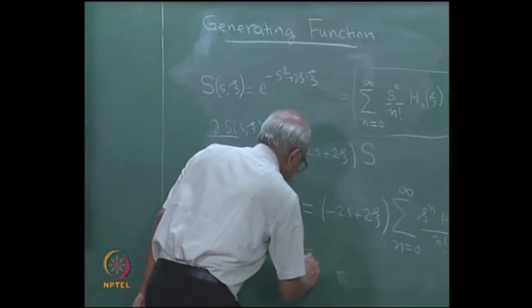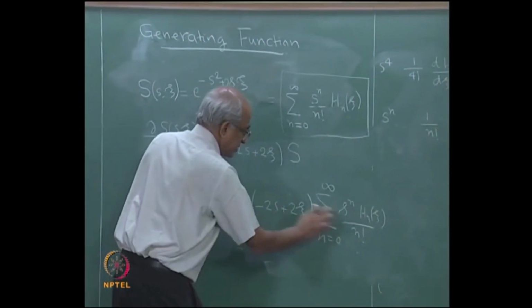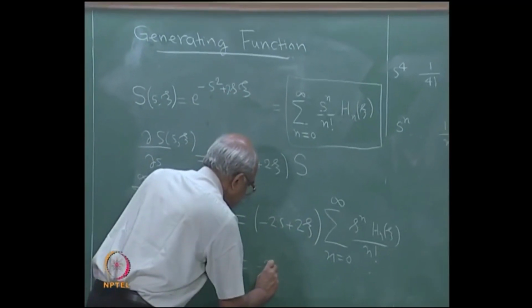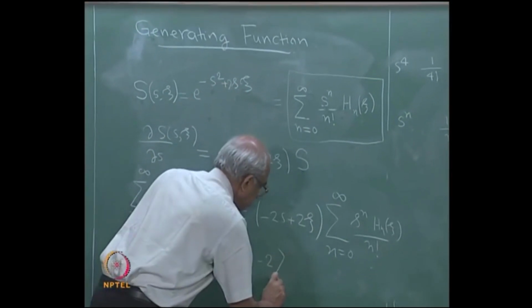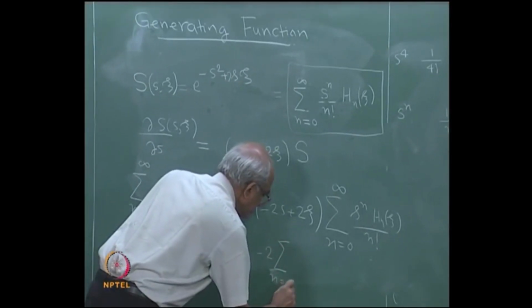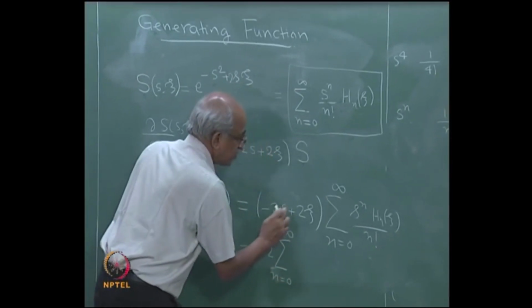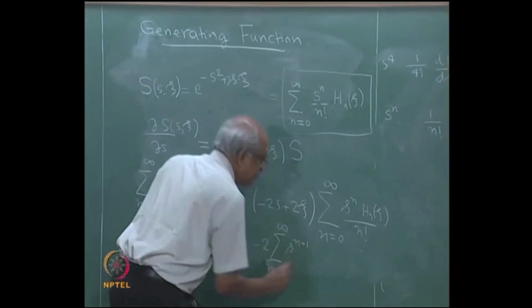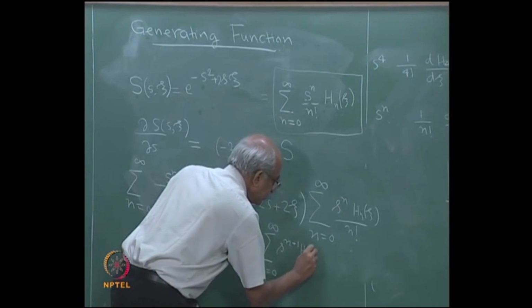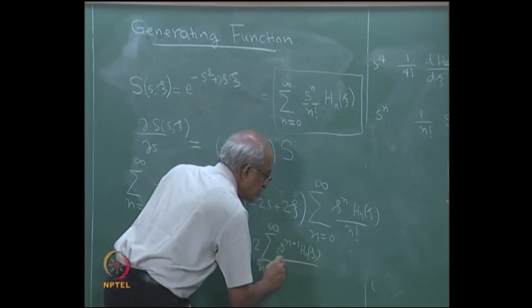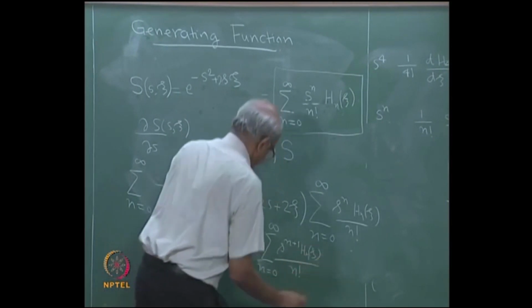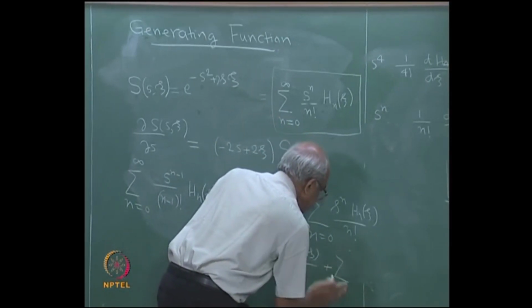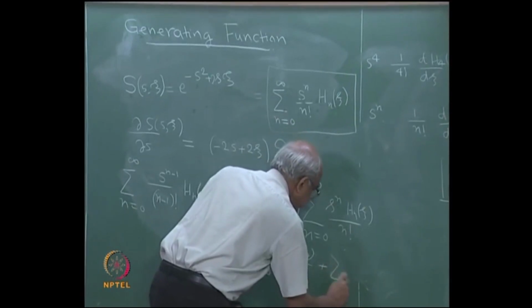The right hand side, let me just rewrite by splitting the terms. You will have this term minus 2 sigma n going from 0 to infinity. If you took this s inside, you are going to get s to the power of n plus 1 h n c divided by n factorial plus sigma, well, there is a c sitting outside, maybe I will take it inside.